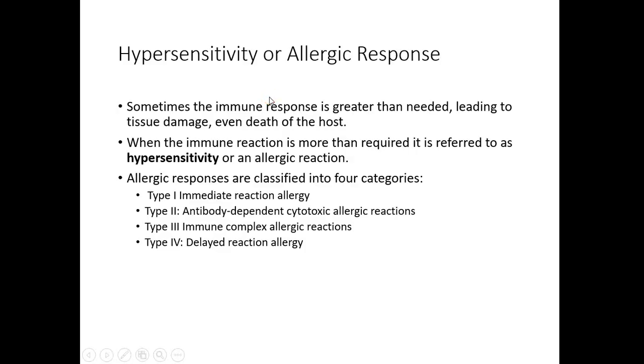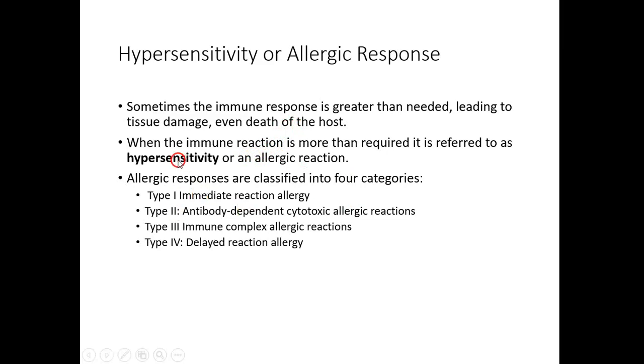The last thing that we want to cover is what that means by hypersensitivity or allergic reactions. In this case, this means that you're producing an antibody response. However, that response is greater than what is expected or needed to get rid of the antigen. So it actually causes harm to the person.